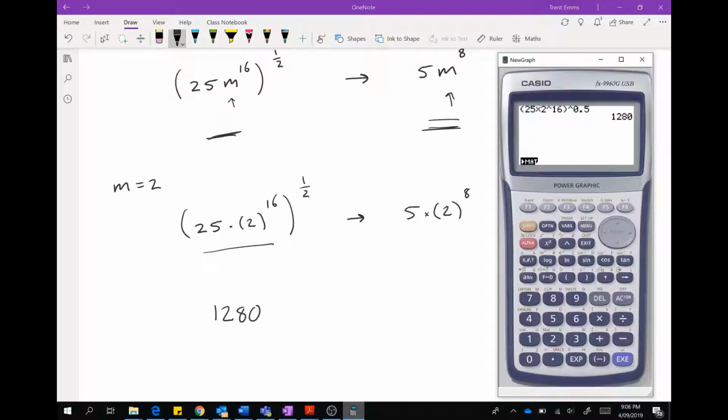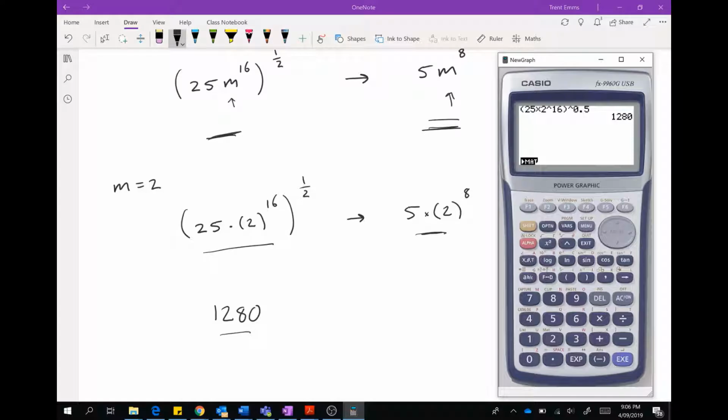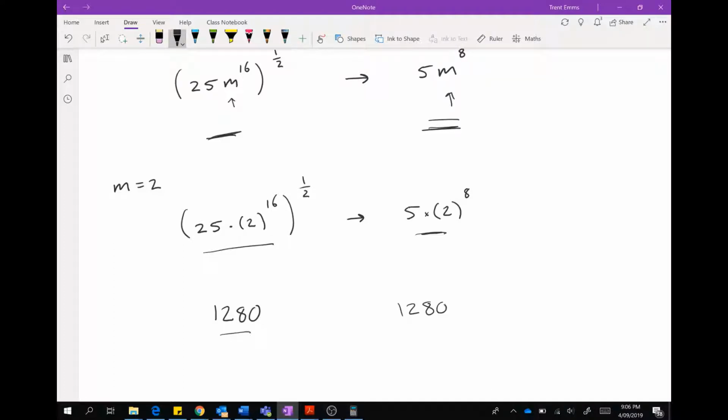If we try the other part over here, we should get the 1280 out, so let's have a look. 5 multiplied by 2 to the power of 8, and again we get 1280. So we 100% at this point know that it's most likely correct.